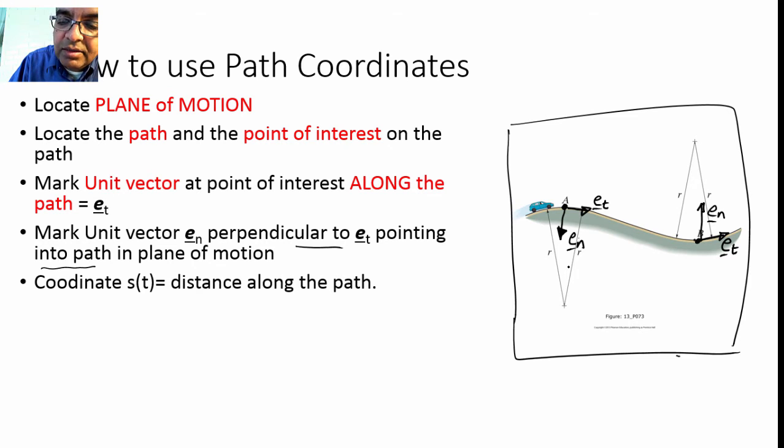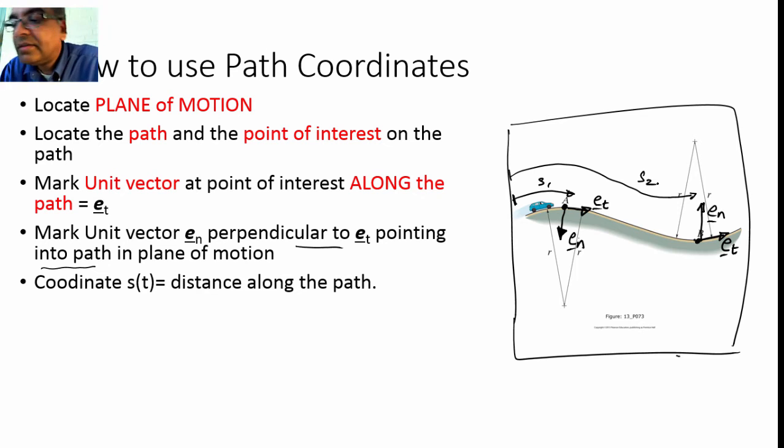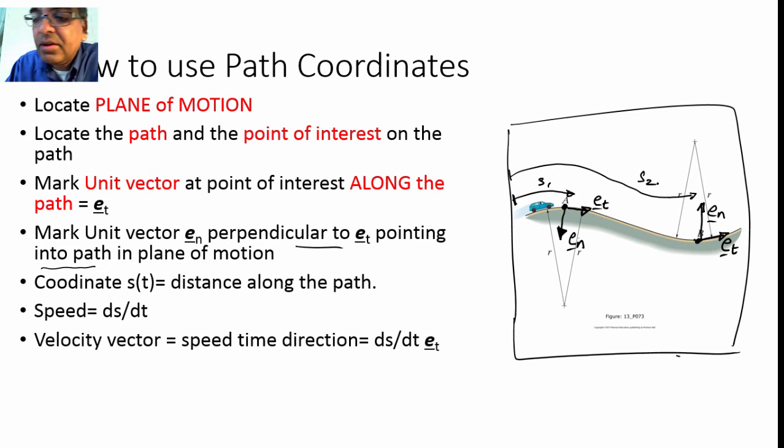Coordinate S is distance along the path. So if I start here, up to here is S1, and then all the way down to here is S2. So that's the distance. Very nice. Speed is very easy. It's ds/dt. How easy can you be? Just like your high school physics. Velocity vector is speed times ET.